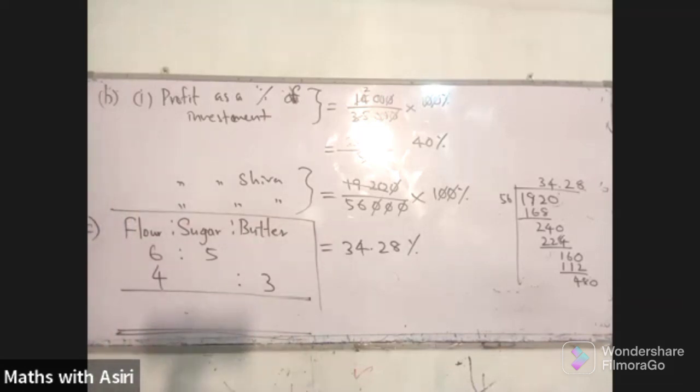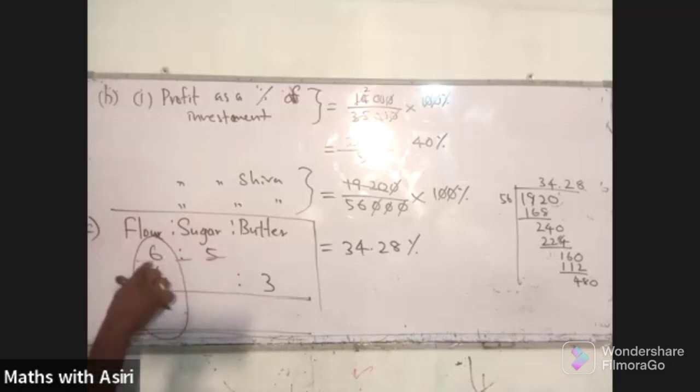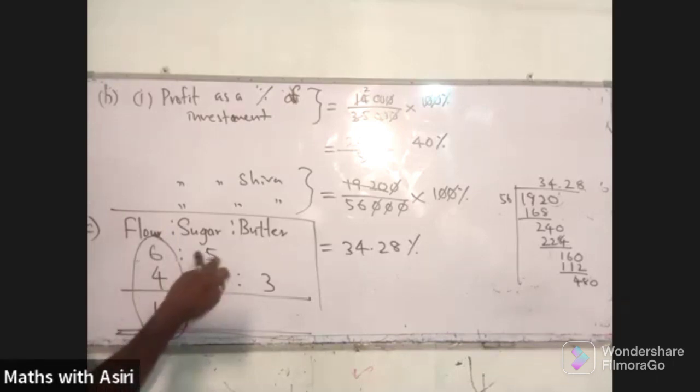We have to build up a compound ratio for this. Consider the ratios having flour in both. So consider 6 and 4; the least common multiple of 6 and 4 is 12. That means we can convert both 6 and 4 into 12. To convert 6 into 12, we should multiply by 2, so the next term, 5, also multiply by 2.